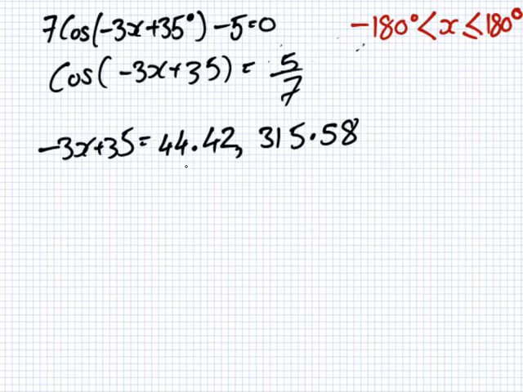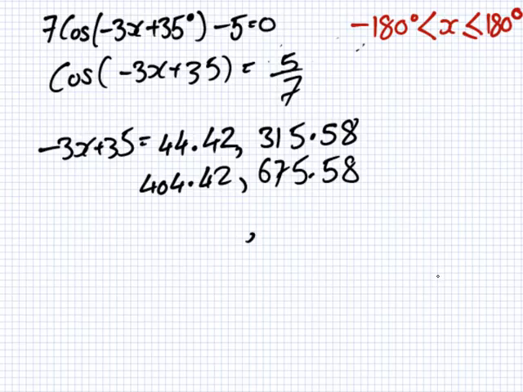44.42 plus 360. 404.42. And then here when I add 360 onto this one, I'll get 675.58. Okay, and then 2 more. Now, how do I get the next 2, do you think? Add 360 again to the previous 2.